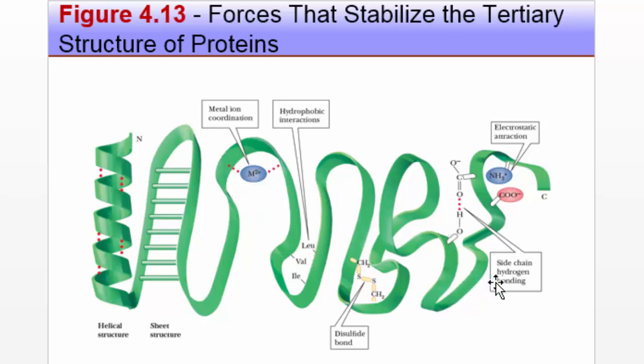Here we have side chain hydrogen bonding, to distinguish it from backbone hydrogen bonding in the alpha helix, the secondary structure. And here we have electrostatic attraction between oppositely charged R groups. So by looking at this schematic representation, you can memorize all these forces.